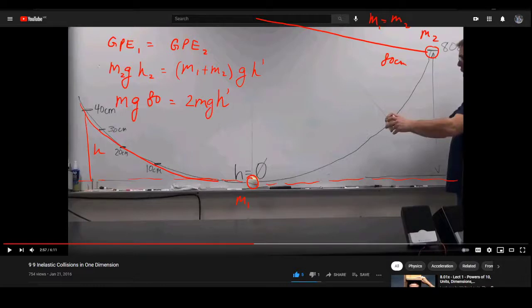Obviously you can cancel out the m on both sides, cancel out the g on both sides, and eventually you find out 80 equals 2h prime, and therefore the new height should be 40 cm. This is what you learn from the energy chapter: those equations and the idea of conservation of energy told you that eventually these two balls will go up to 40 cm.